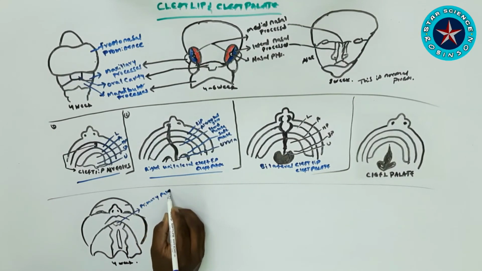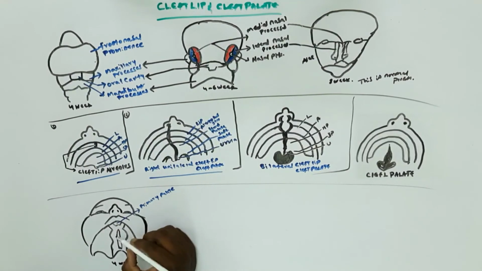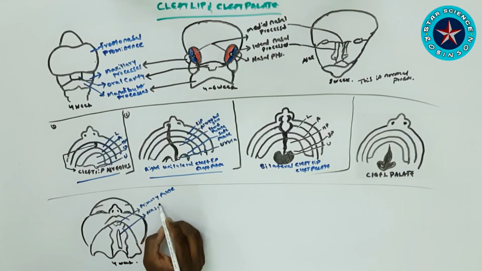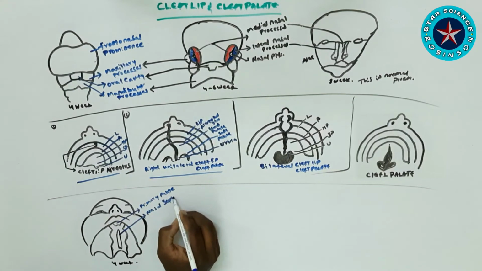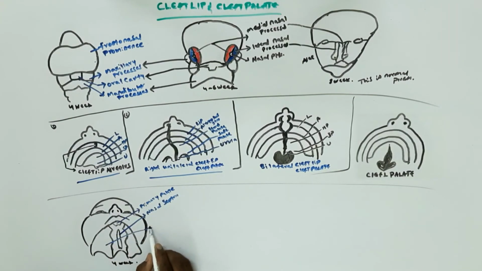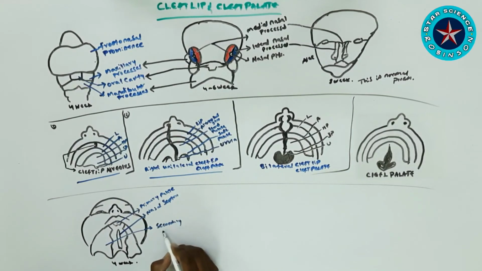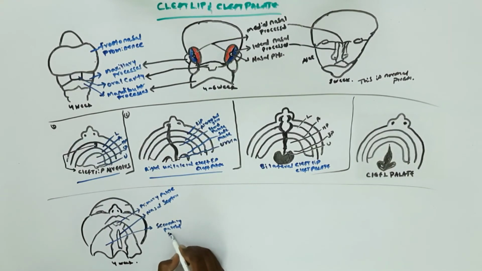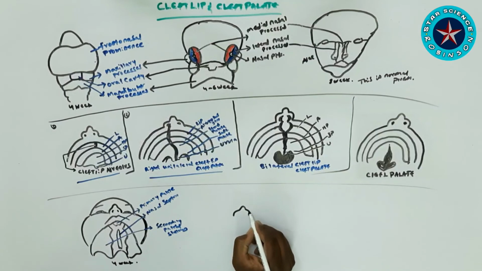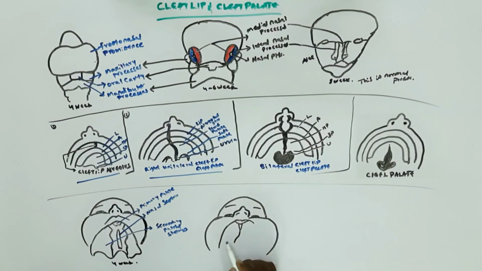We'll see another diagram of the fourth to sixth week, how the embryological development occurs in this particular type. There will be the primary palate and, at the same time, the secondary palate. The primary palate is in front, anterior, and the secondary palate is posterior, where the fusion will start occurring.